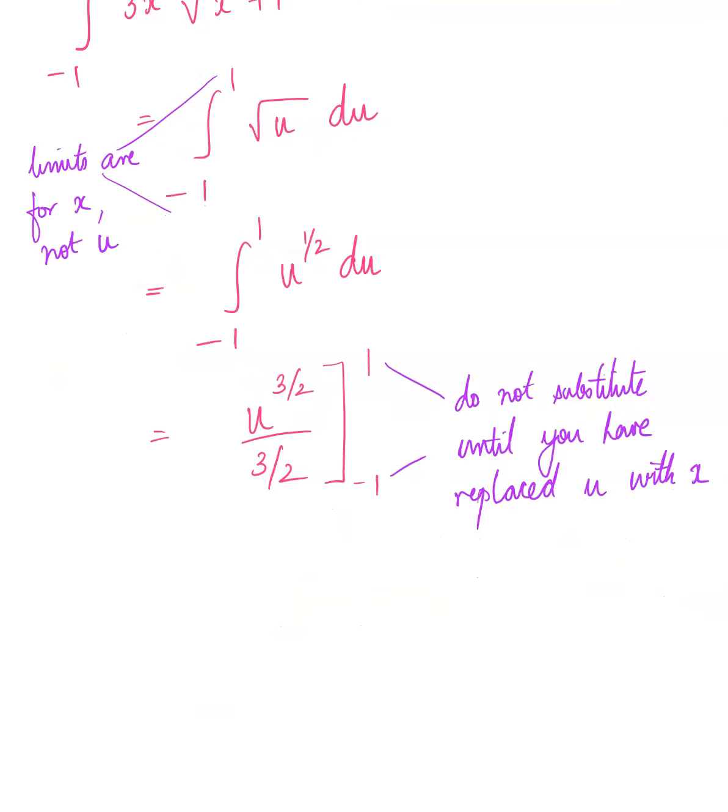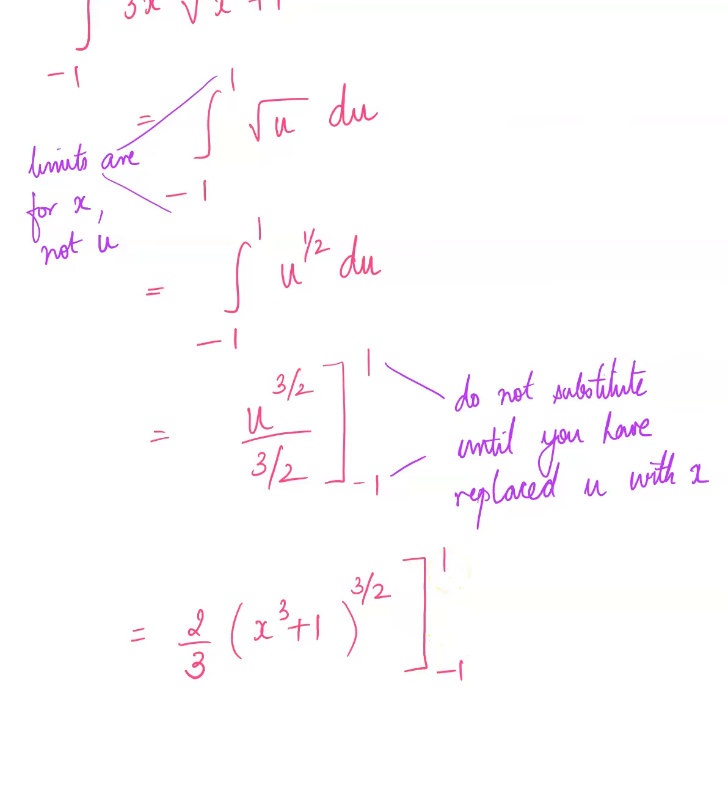Okay. So what I do is I write the 2 over 3, and I replace the u, which was x cubed plus 1, right? I replace the u, and then I will apply the limit from negative 1 to 1.